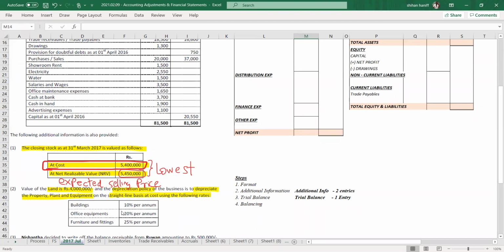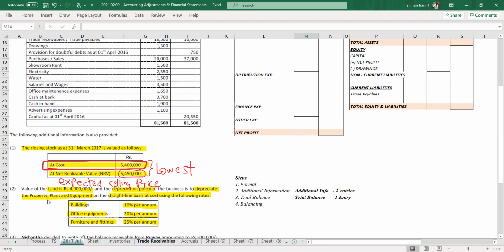From the cost, building will be depreciated 10% per annum. Per annum means per year. Office equipment will be depreciated 20% per annum. Furniture and fittings will depreciate 25% per annum.